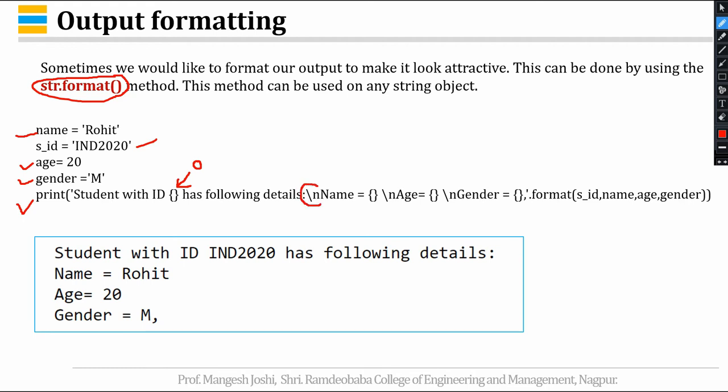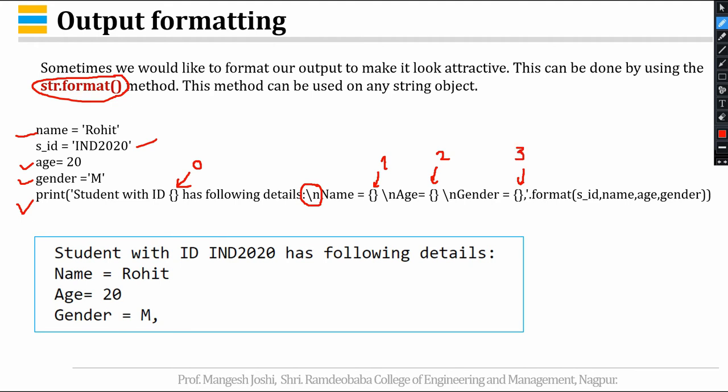Again backslash n, that is a new line character. Name equal to, this has the index 1. Age, again this has index of 2. Then gender, this will have index of 3.